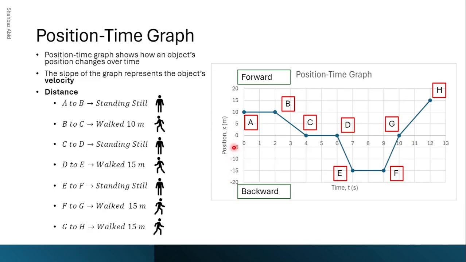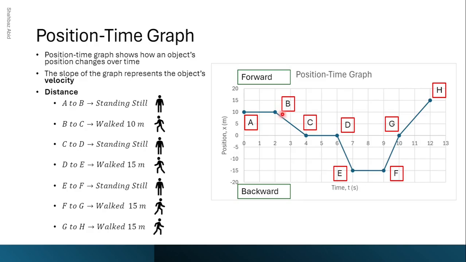Let us consider this graph here, and we will see each of these locations one by one. Let us say I am 10 meters away from the origin and I have started my stopwatch. From 0 second to 2 second, at B, the position didn't change.